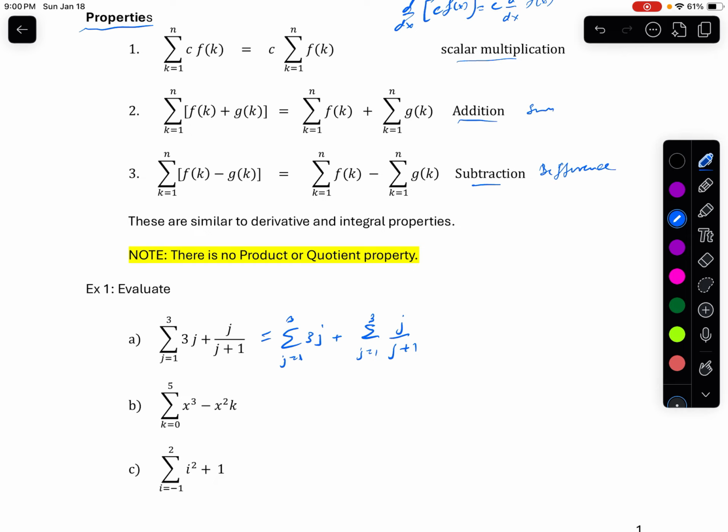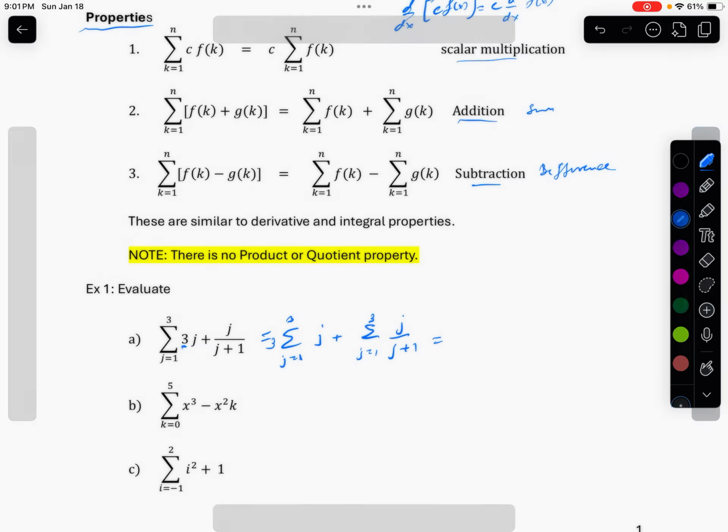And now I can plug in the values. But also note here we could have done this in one step. This 3 was a constant, so this 3 can be pulled out. Even if you left it inside, it won't be a problem as long as you do not forget it.